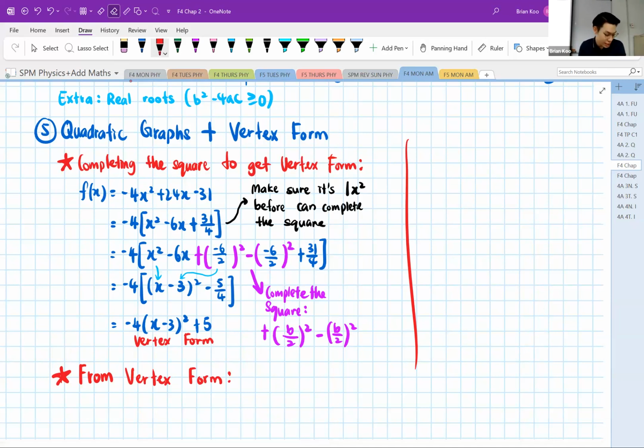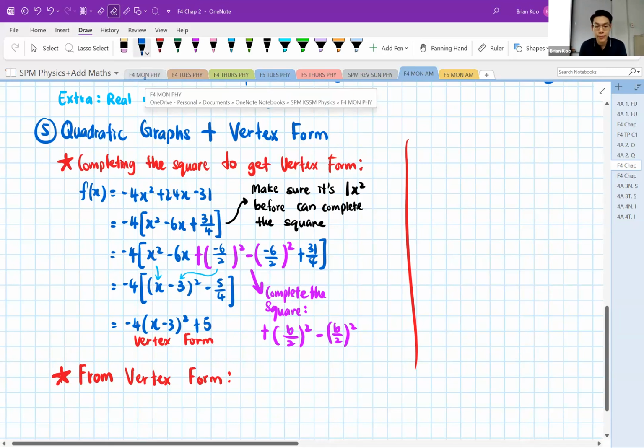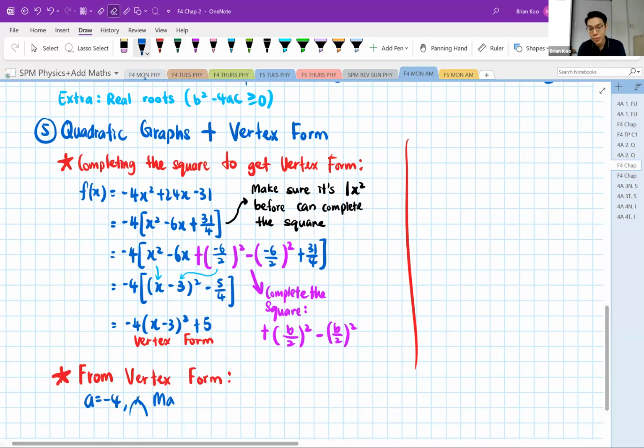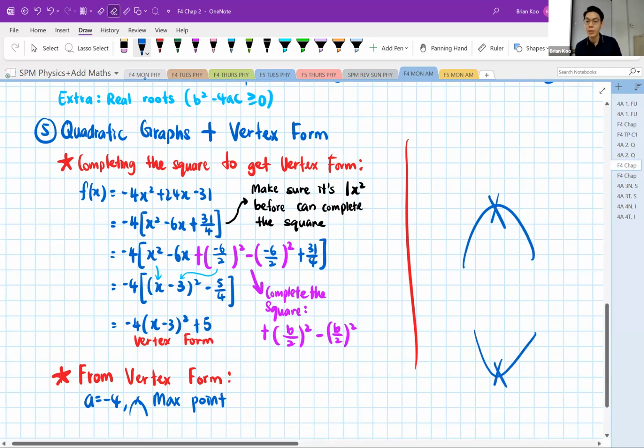Well, we know that the a value is negative 4, right? Which tells you that this guy is a sad face. But what is the maximum point? What is the maximum coordinate? The whole purpose of doing vertex form is to get the vertex. Vertex is the maximum point or minimum point.